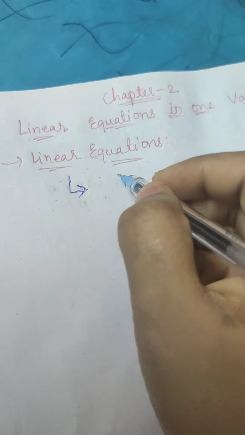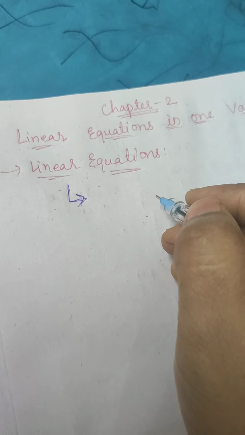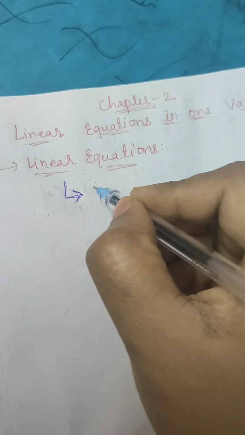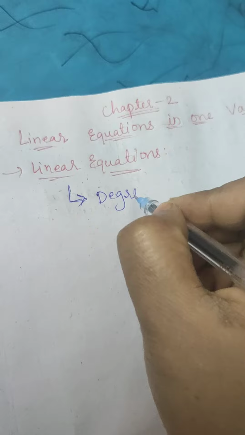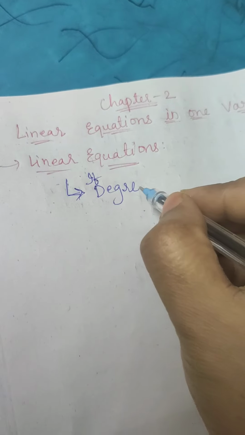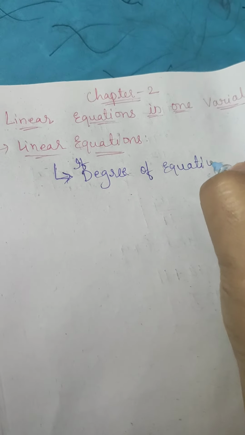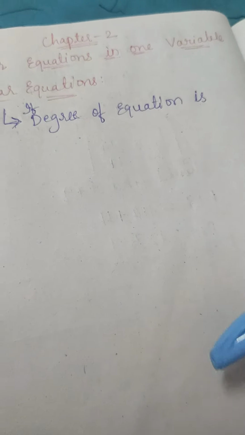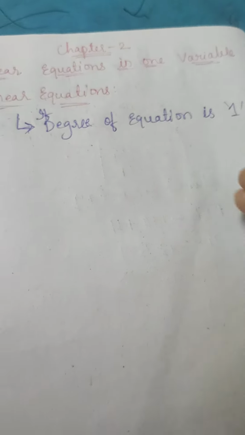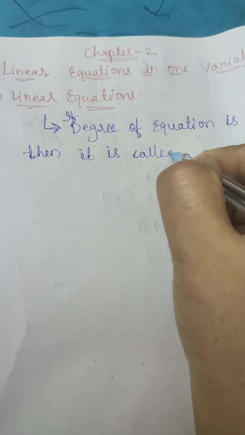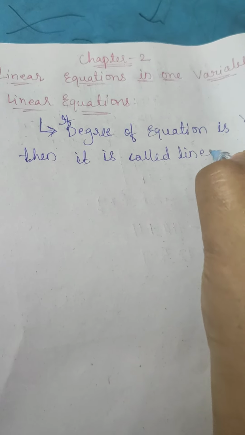If the degree of an equation is 1, then it is called a linear equation.